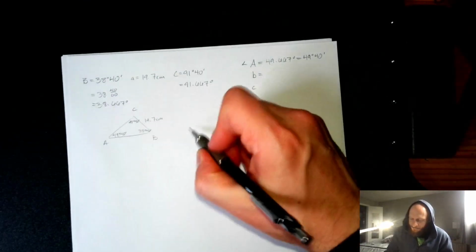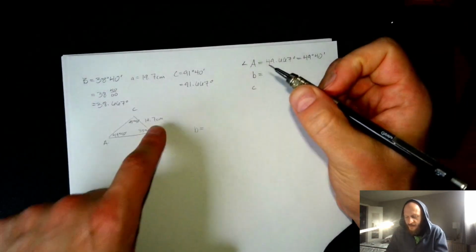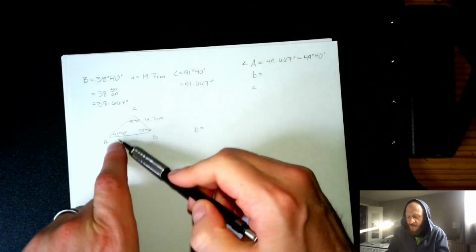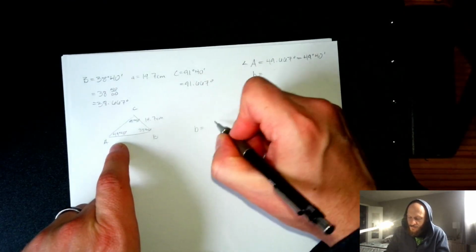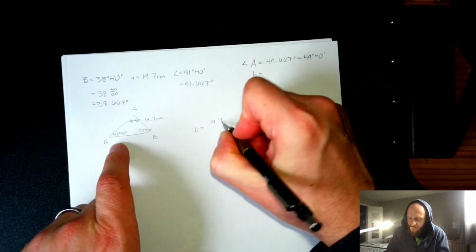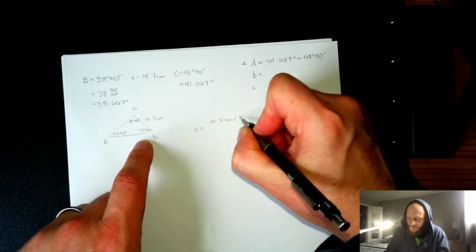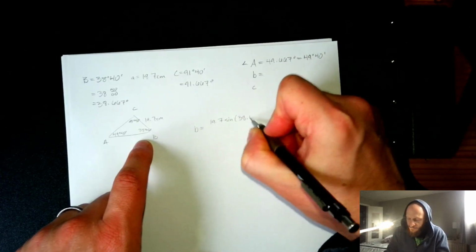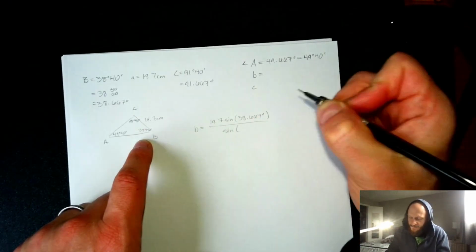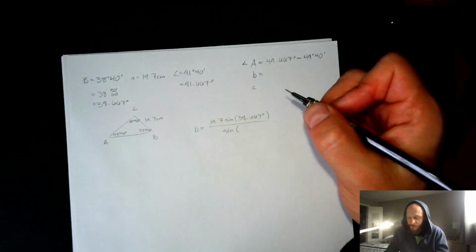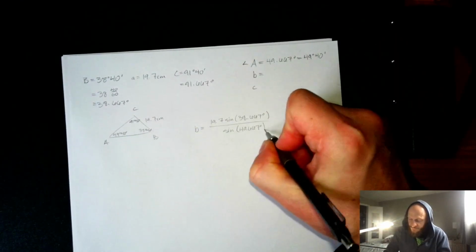All right, so B is coming from the law of sines. I have angle A and I have side A, so that's what I'll set everything equal to. B is equal to 19.7 times the sine of B, 38.667 degrees, over the sine of A, 49.667 degrees.